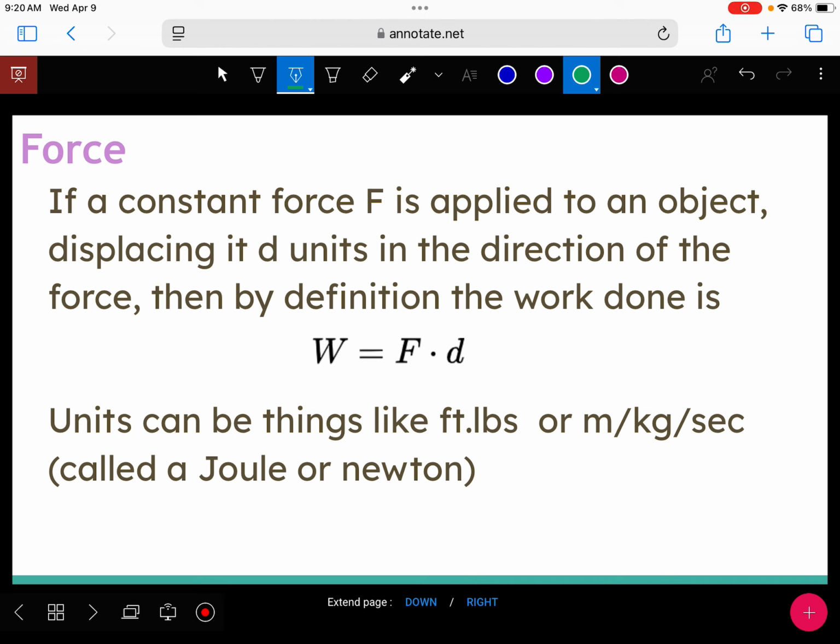Dot product is actually used for vectors, and pretty much the only thing that really matters is that we're doing the dot product and writing vectors, and our units can be weird, like foot-pounds or joules or newtons. So it combines things together.